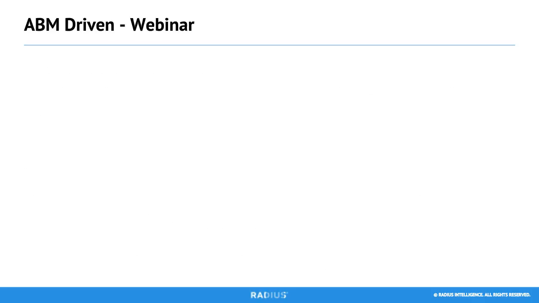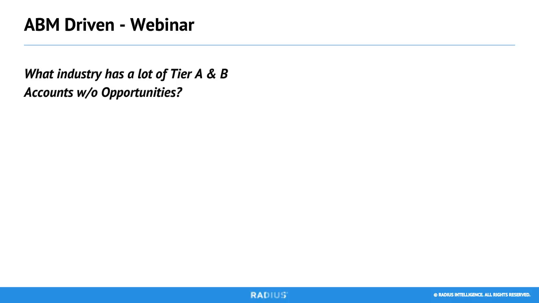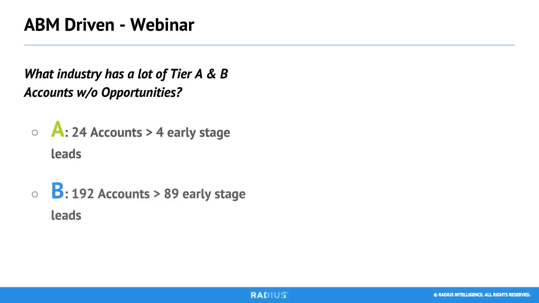And another example of a webinar that's worked with an ABM approach is one the team is running with financial services organizations. By looking at our target A and B account list and parsing it by industry, we're able to see that a good chunk of them are in financial services.